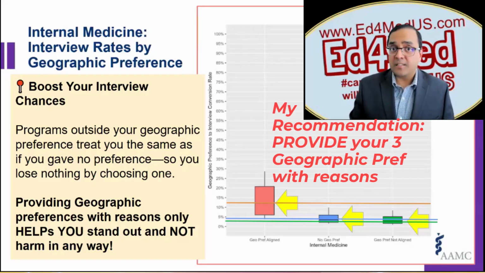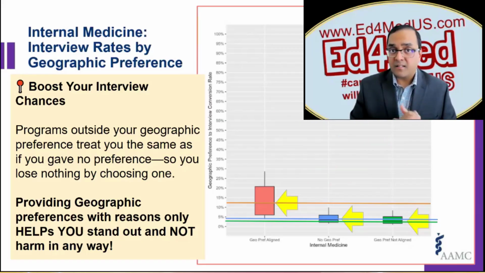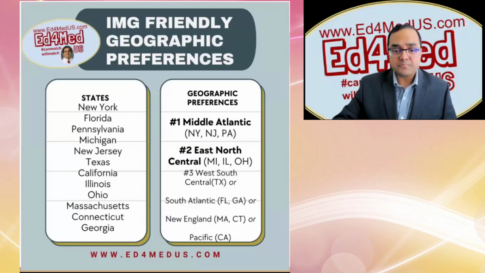If anyone tells you otherwise, show them this bar graph. It's on AAMC, and then challenge them about why they're making a different recommendation. And these are some IMG-friendly geographic preferred regions. I've looked at this data, again from AAMC.